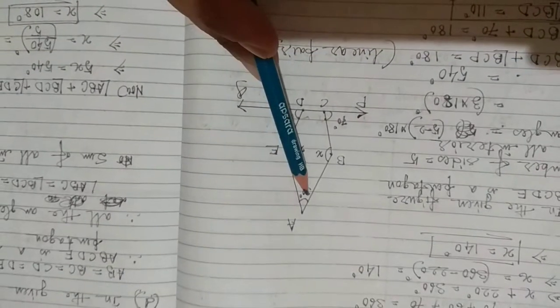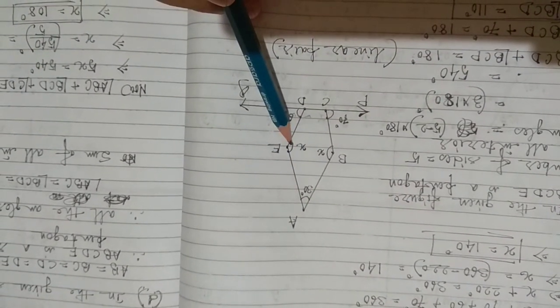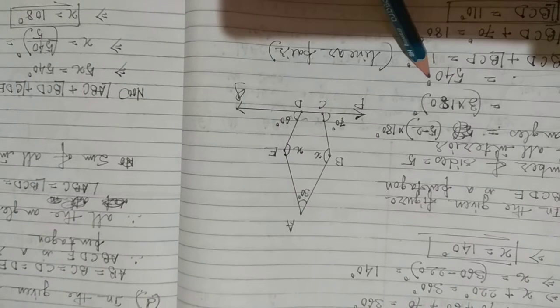Now the sum of these 5 interior angles of a pentagon is equal to 540 degrees.